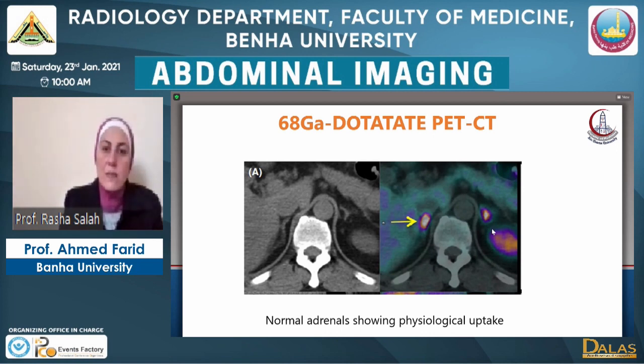So don't misinterpret this uptake as a pathological uptake, and you should compare this uptake to the enclosed CT component of the PET to identify if the adrenals are normal or there are underlying masses.